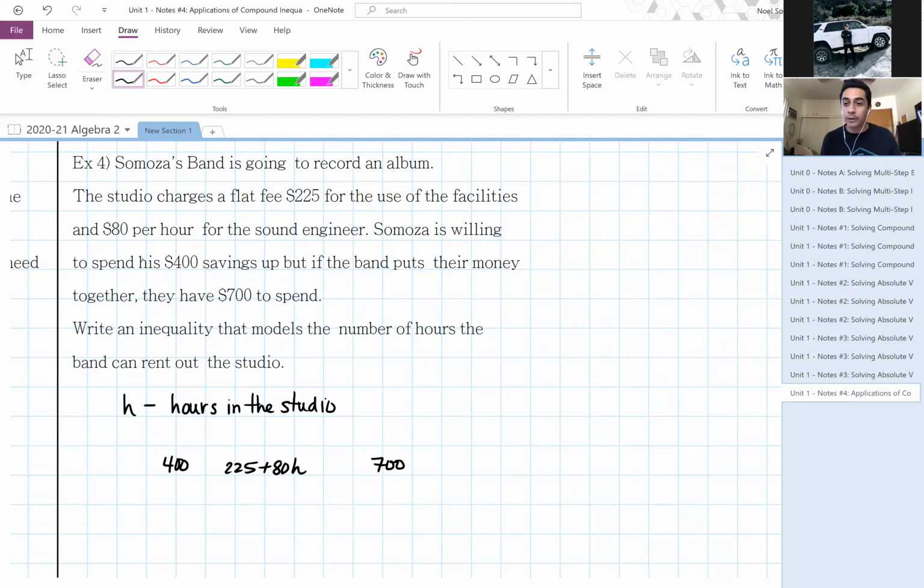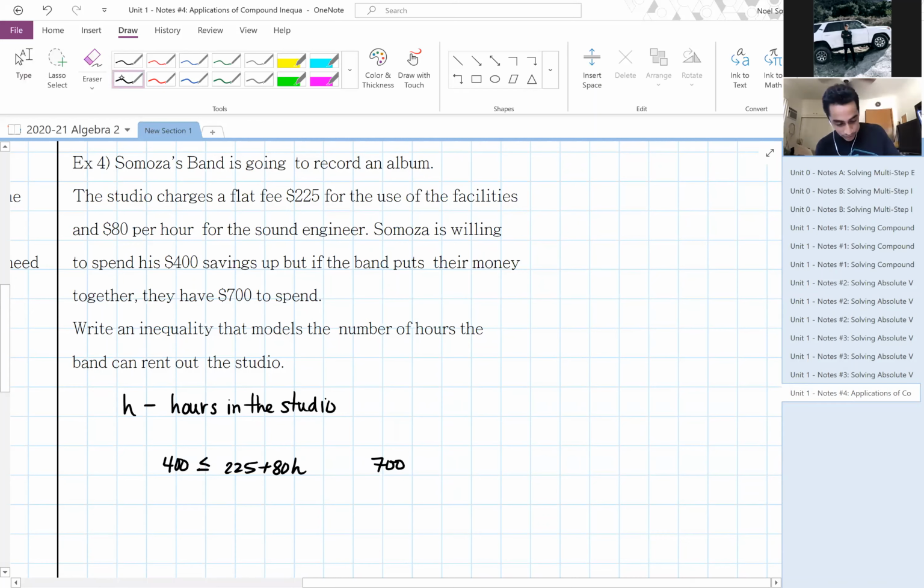I can, I'm willing to spend all of it. So I can spend exactly 400, or I could spend more than 400 because the band is willing to put some money together. So whatever I spend, which is 225 plus 80H, can be greater than or equal to 400.